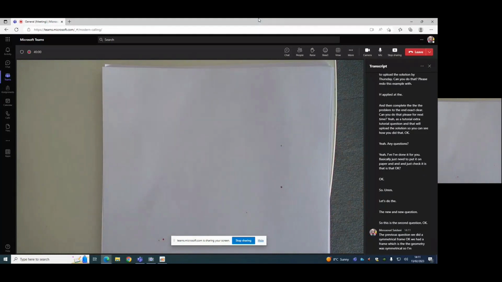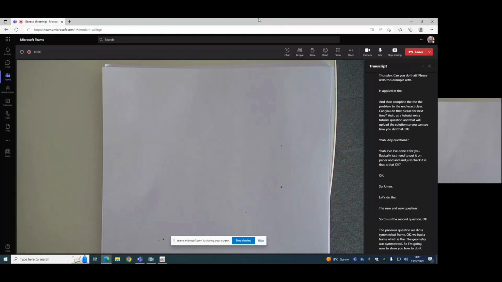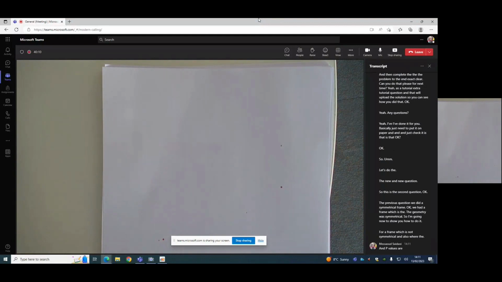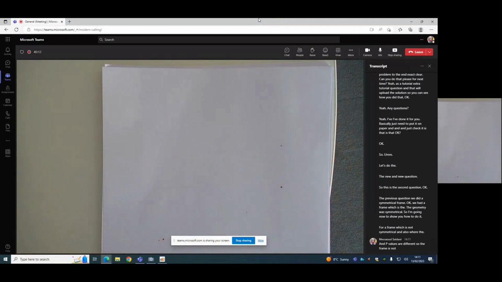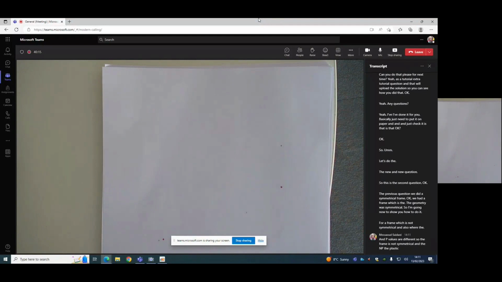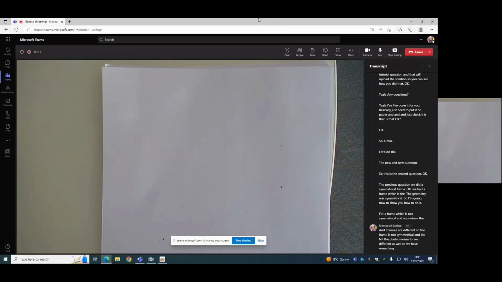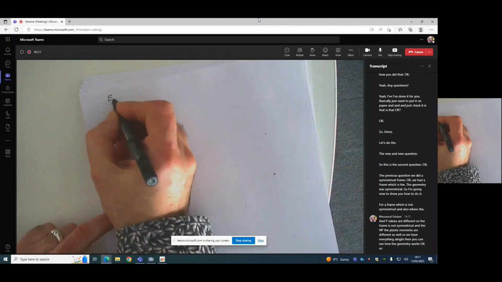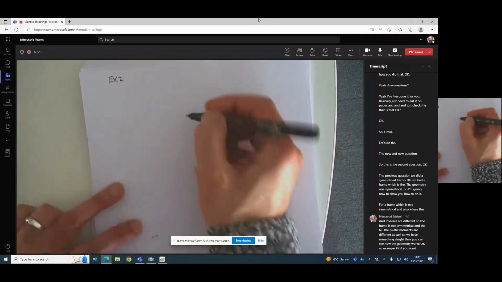So I'm going to show you now how to do it for a frame which is not symmetrical, and also where the MP values are different. The frame is not symmetrical, and the plastic moments, MP, are different as well. So we have everything, and then you can see how the geometry works. So example number 2.